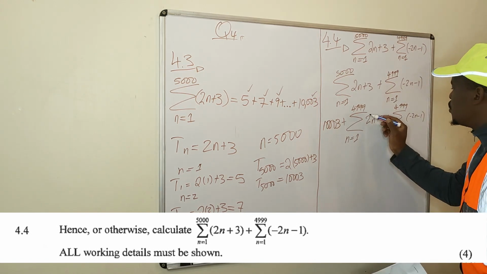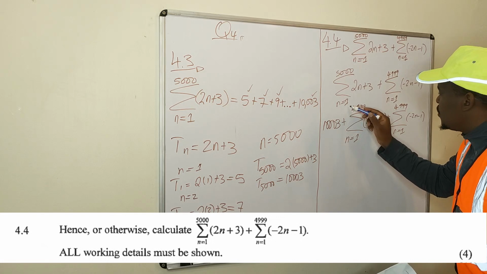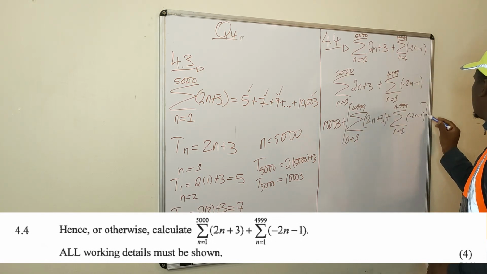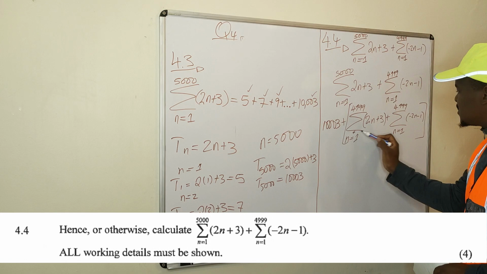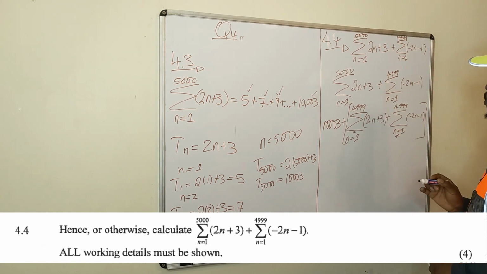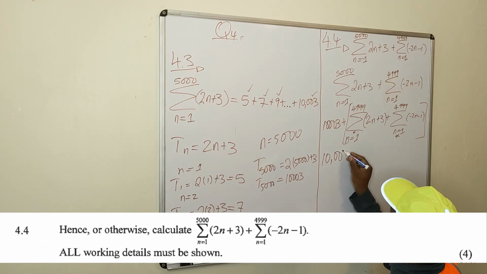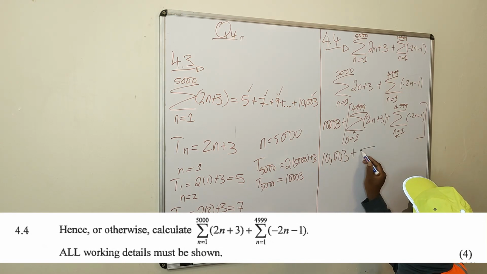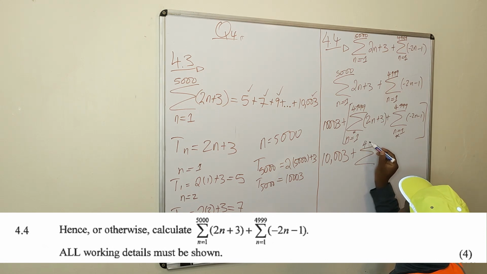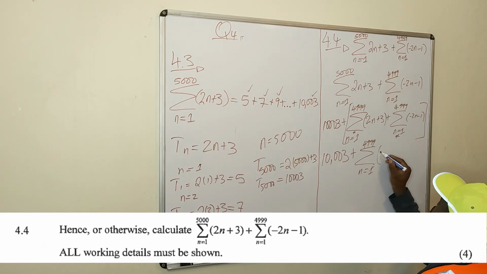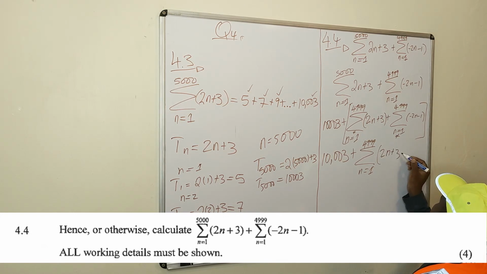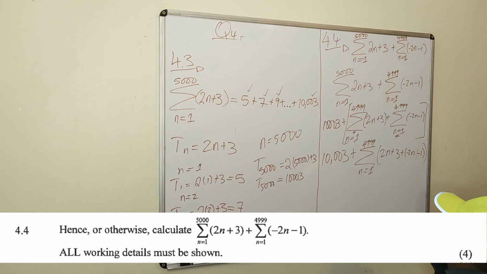Then now, what do we do? We say, okay, if we look here, we can see that we can take this thing as a common factor here. And then we have 10,003 plus the sum from n equals 1 to 4,999. Then what do we have? We have 2n plus 3 plus negative 2n minus 1, right?